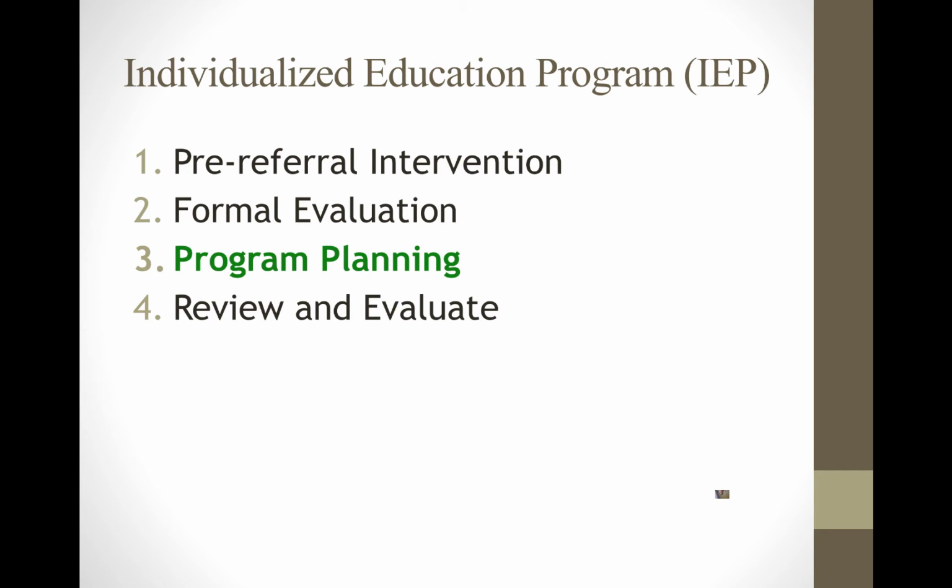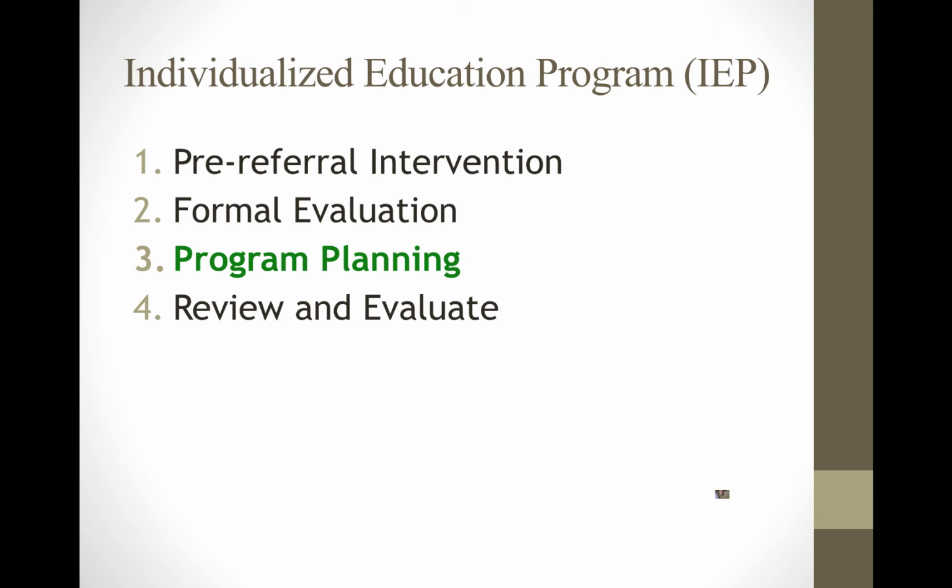And just as a review, the first step in identifying a child with a disability is pre-referral intervention, which in most schools now is RTI, or response to intervention. And this is where the general education teacher is using evidence-based practices in their classroom to make sure all students are receiving high-quality instruction. It also includes making sure that students who are struggling are getting varying levels of interventions that are not part of special education.